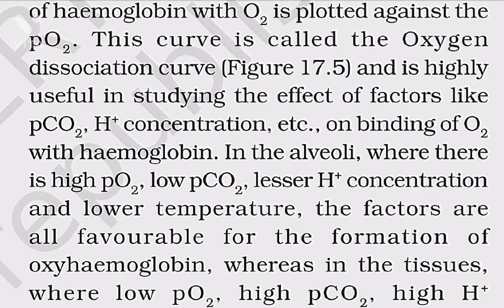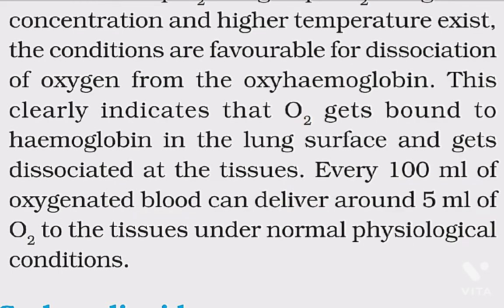In the alveoli, where there is high partial pressure of oxygen, low partial pressure of carbon dioxide, lesser H+ concentration and lower temperature, the factors are all favorable for the formation of oxyhemoglobin. Whereas in the tissue, where low partial pressure of oxygen, high partial pressure of carbon dioxide, high H+ concentration and high temperature exist, the conditions are favorable for dissociation of oxygen from the oxyhemoglobin.